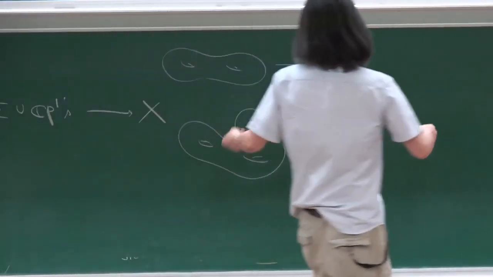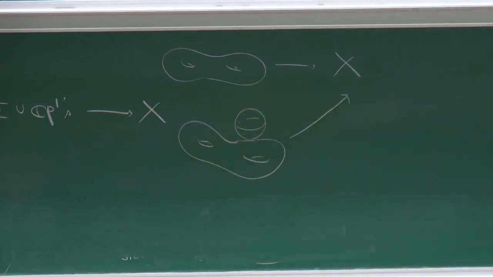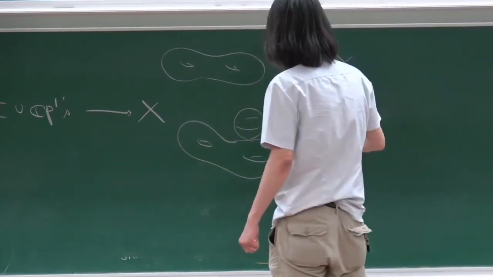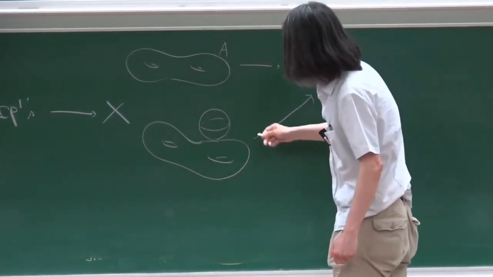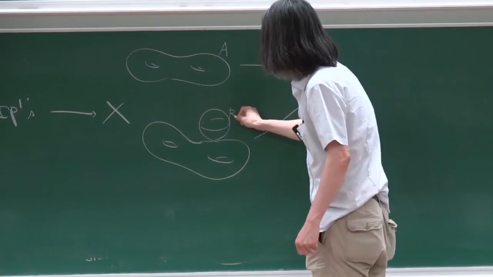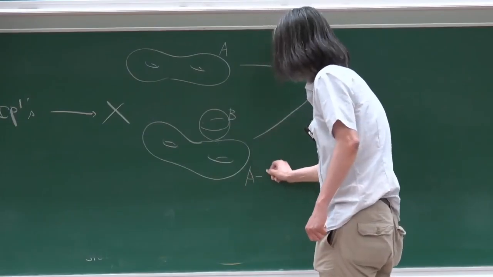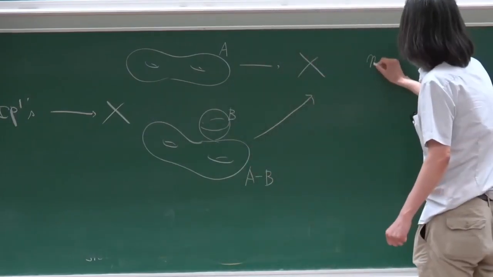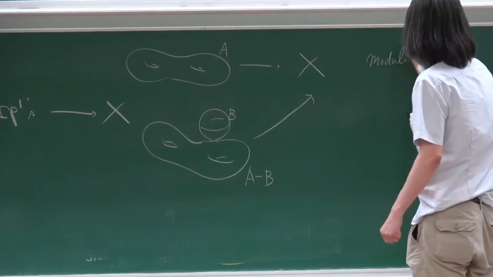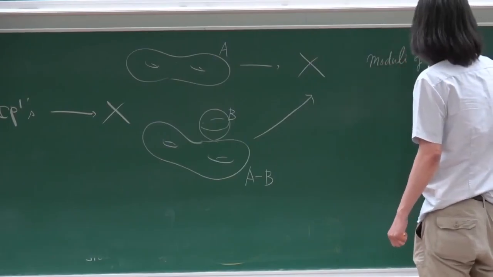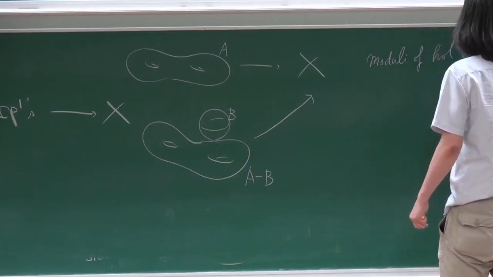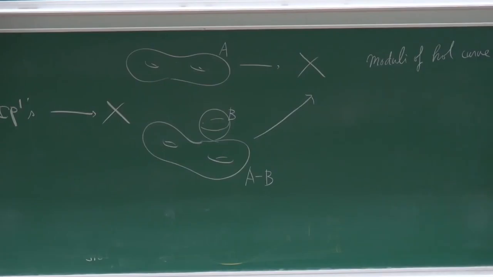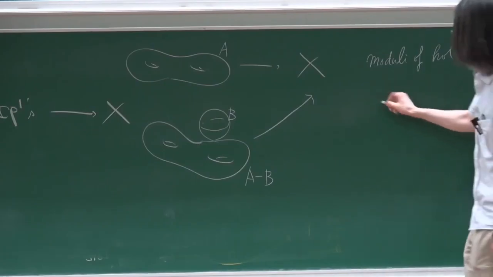And then now compute the dimension of the moduli space. So here, the homology class is A, and then maybe the homology class of this is B here, then this is A minus B here. So the moduli of holomorphic curves in class A, and say genus g, what is the dimension?